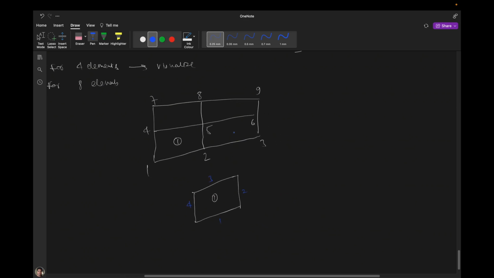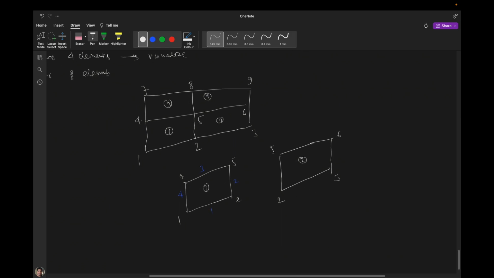Similarly for element number 2, the global nodes are 1 2 5 and 4, and here the global nodes are 2 3 6 and 5, and this is element number 2. And again I'm assuming the edges as number 1, 2, 3 and 4.